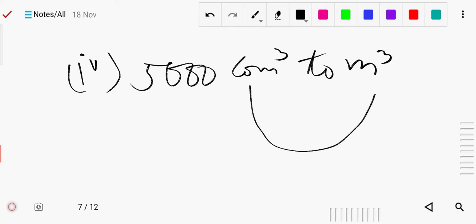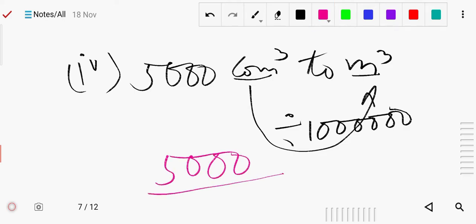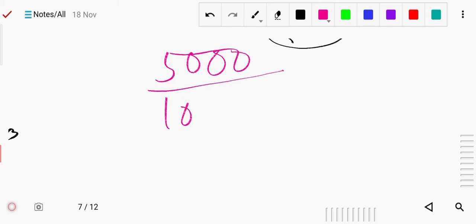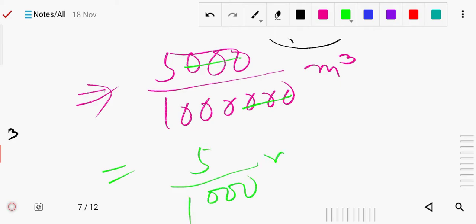Lowest to highest, so divide, centimeter to meter, again like 100s you multiply, so 6 zeros will be there, so you divide like this. Now this will be 5000 divided by 1 followed by 6 zeros, and it will be your meter cube. Now 3 zeros and 3 zeros will cancel. So now 5 by 1000, and this is your meter cube.